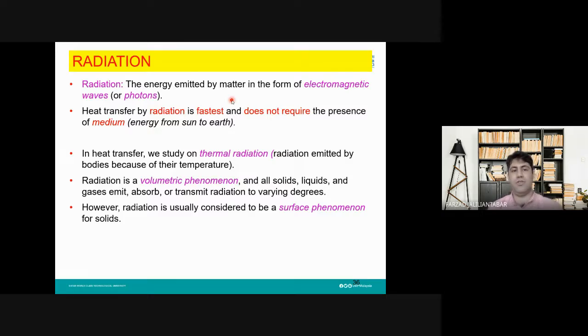Simply, you need to know that the light which we can see, as you know, includes different kinds of waves and has wavelengths, and light is one type of electromagnetic wave.